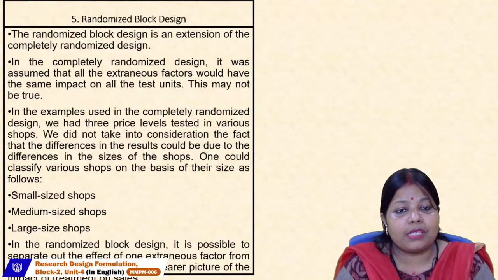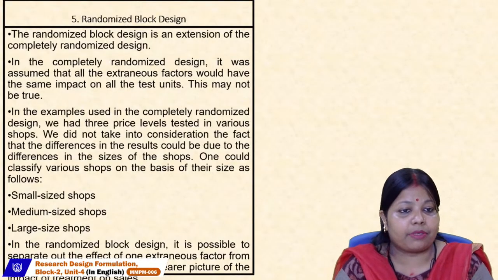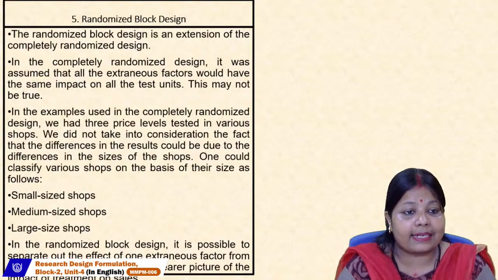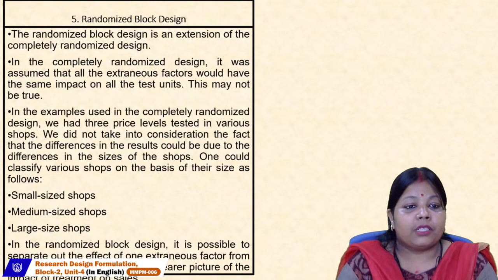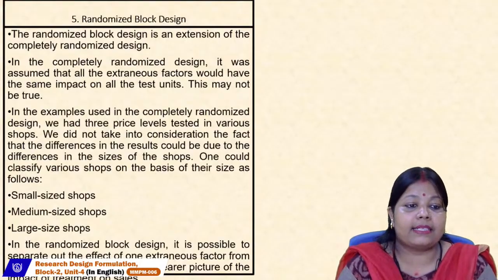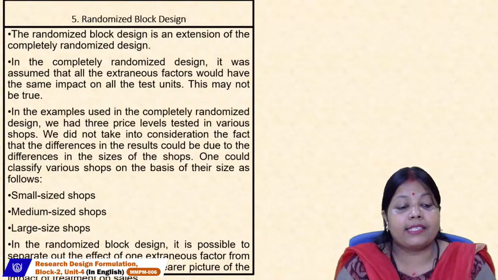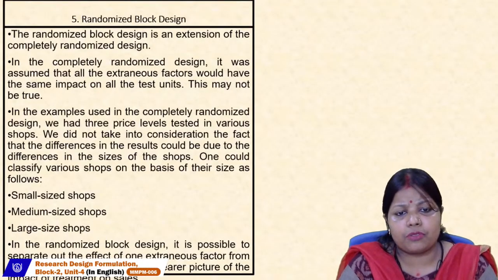In the example used in the completely randomized design, we had three price levels tested in various shops. We did not take into consideration the fact that the differences in the results could be due to the differences in the sizes of the shops. So one could classify various shops on the basis of their sizes as follows: small size shops, medium size shops, or large size shops.